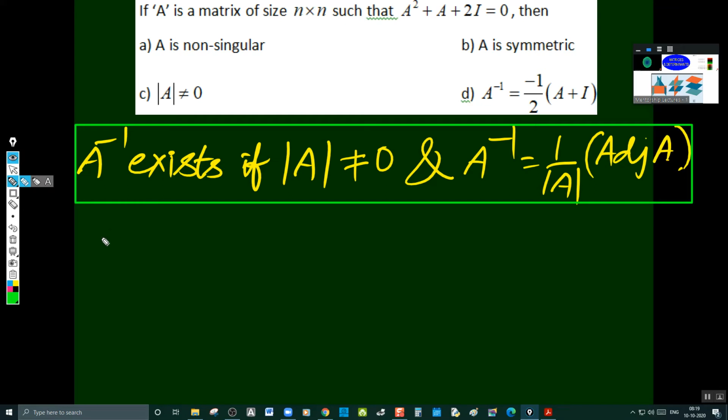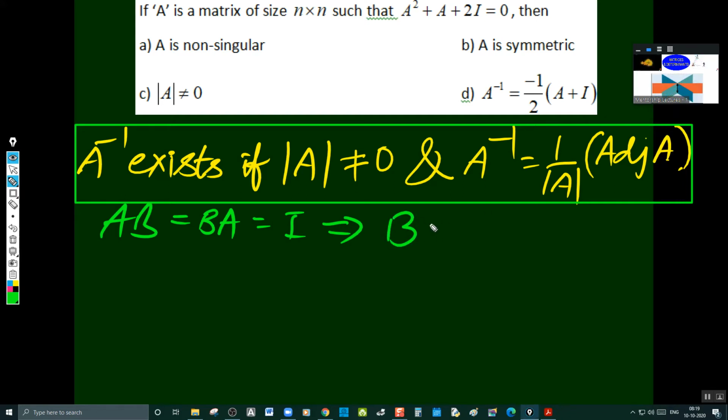AB is equal to BA is equal to I implies B is equal to A inverse. This is the definition. One should not forget the definition after learning the formula. This formula is derived from this definition only.